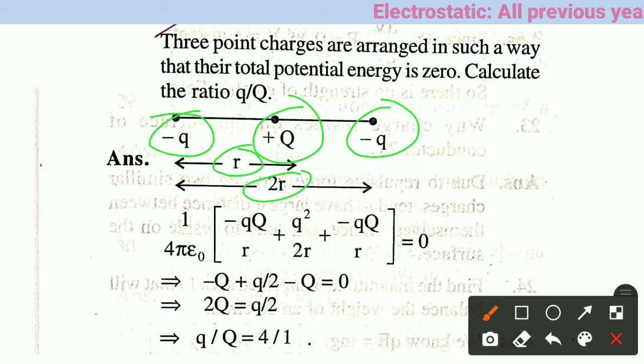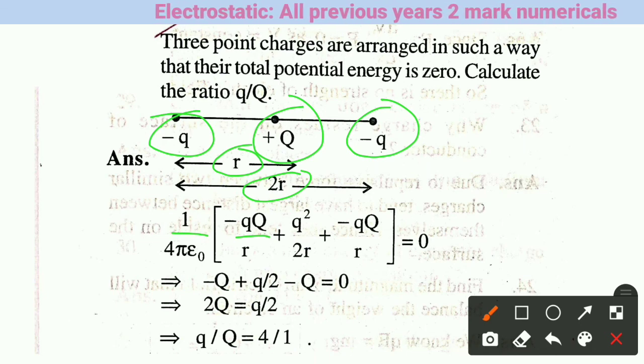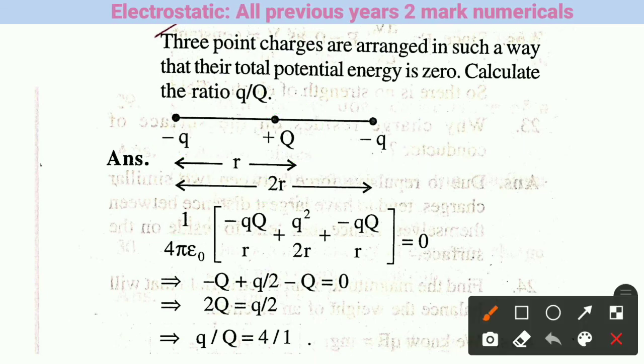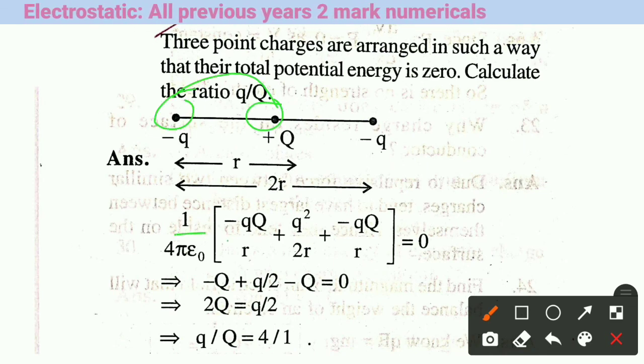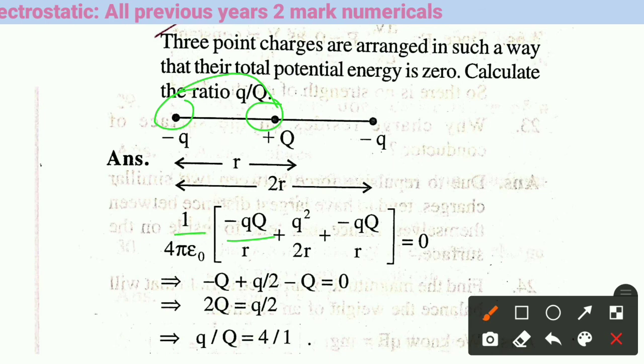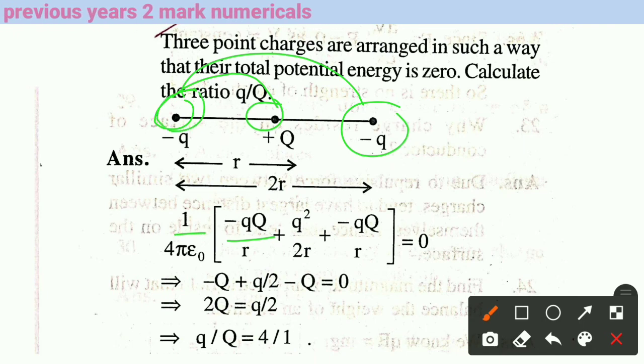Now what we have to find out? The potential energy of the system is 1 by 4 pi epsilon naught Q by R. That means the energy due to these two charges is minus Q, capital Q by R. And between these two charges, minus Q and minus Q, so minus Q into minus Q is the plus Q square by 2R, the distance being 2R.